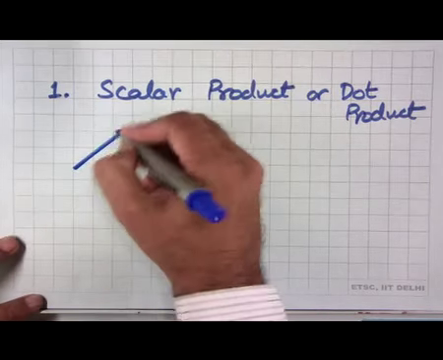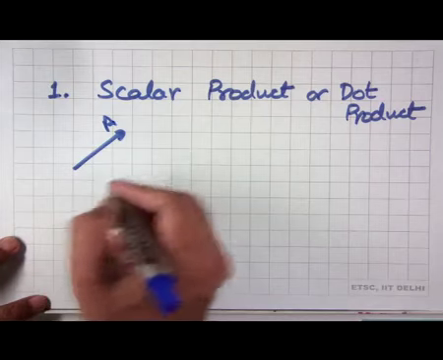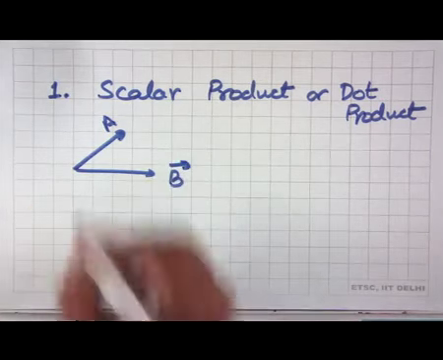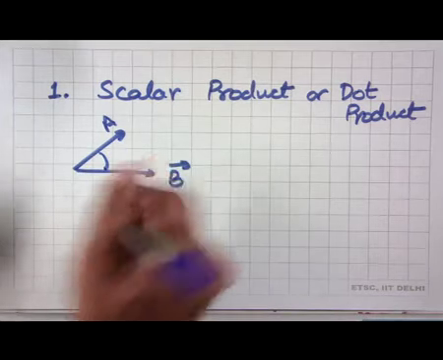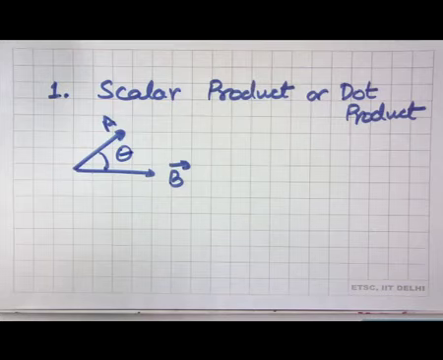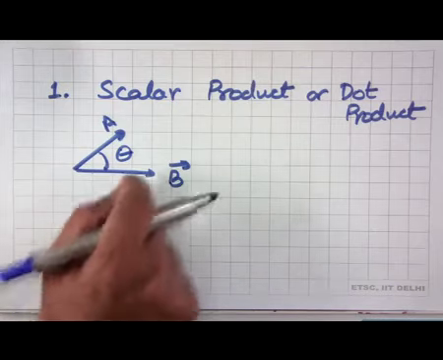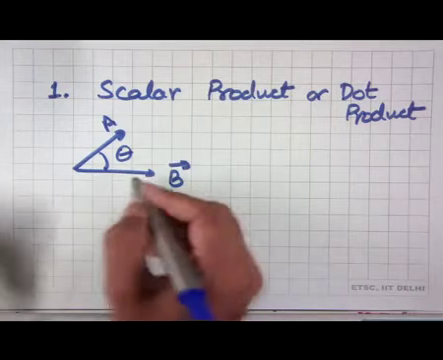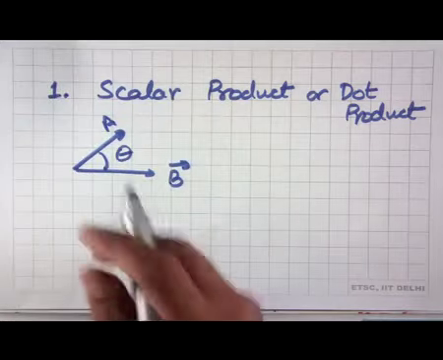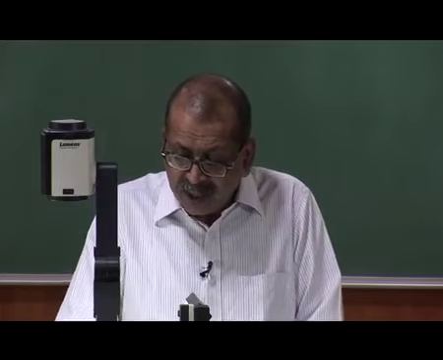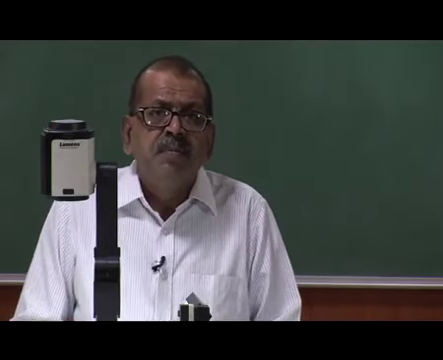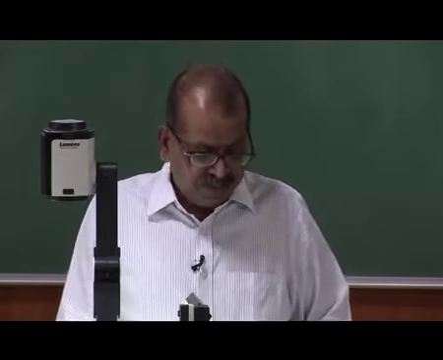So, we have two vectors, a vector A and a vector B, and let us say when we place the two vectors with their tails together, the angle between them is theta, and this angle is the smaller of the two angles, because for the angle between A and B, somebody could also look at the reflex angle which is formed between A and B, but we look at the smaller angle. So, therefore, this angle theta will be between 0 and 180 degrees.